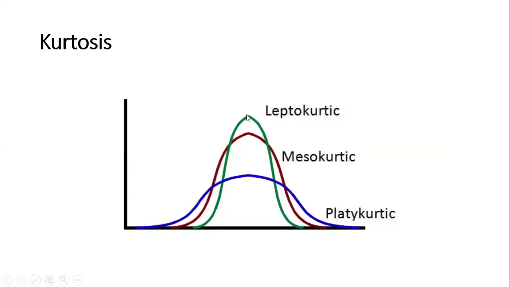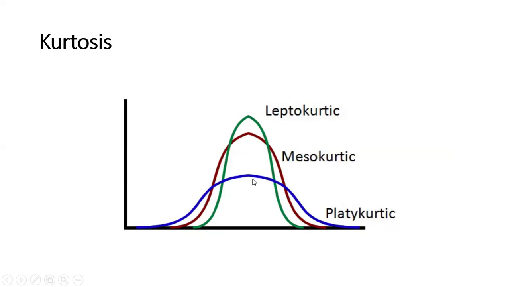Actually, if you read some old statistics books, they tell you that kurtosis is the steepness or flatness of the top of the curve. So when it is steep, that's high kurtosis.